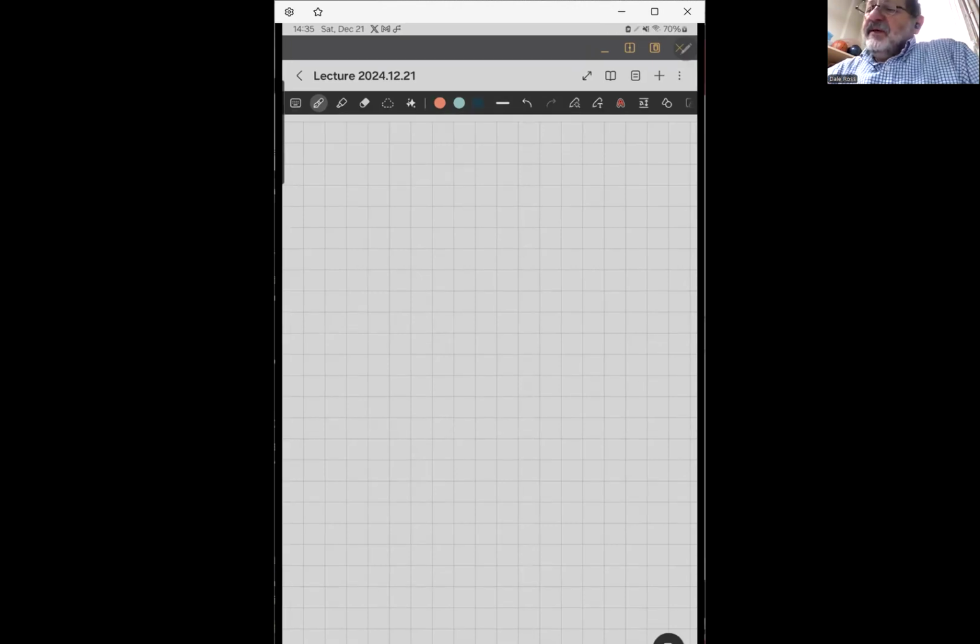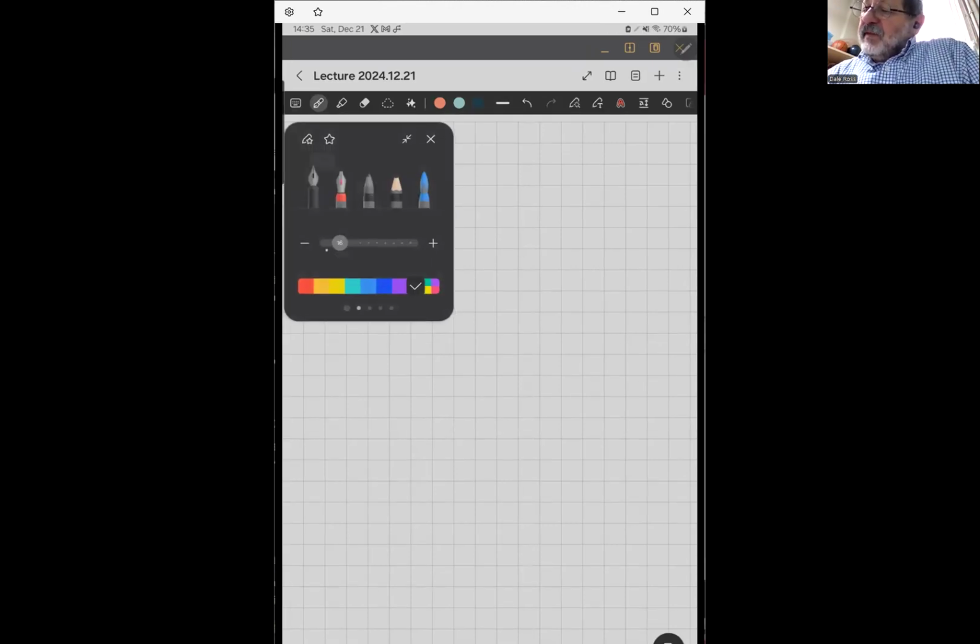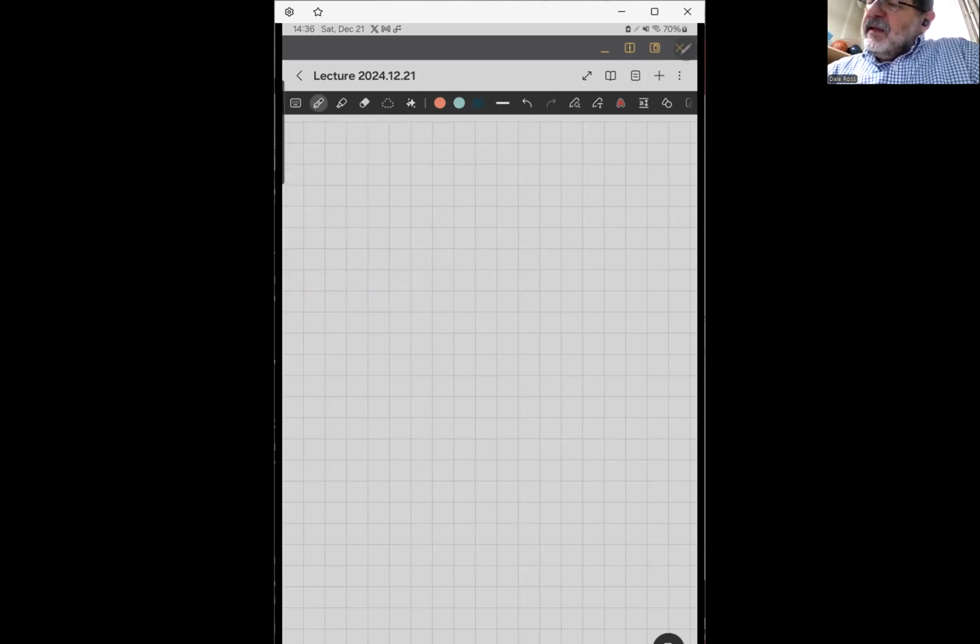Now the general idea here is that if something oscillates in a simple way, let's say it started out originally here and then it moved here and then here.